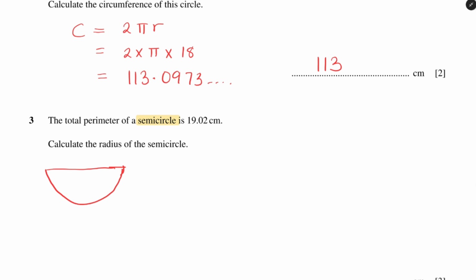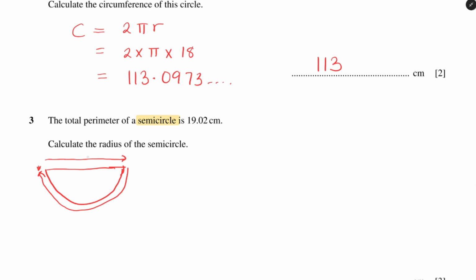Remember, perimeter means you're going round the shape. So I could start here. If I start my journey here, I'm going to go this way, which happens to be 2 radii. And then I'm going to come this way, which is the length of a semicircle, or an arc, which is half of the entire circumference of the circle.